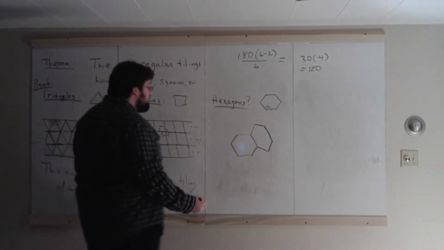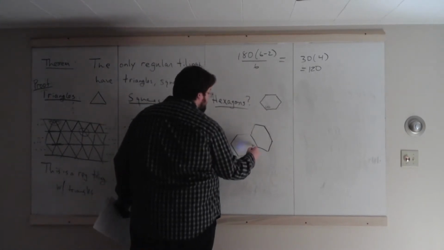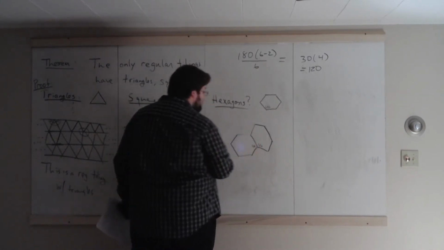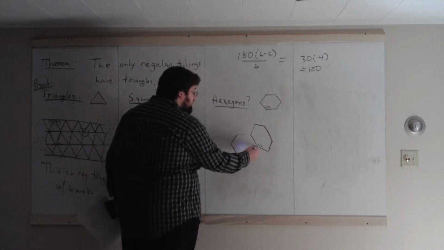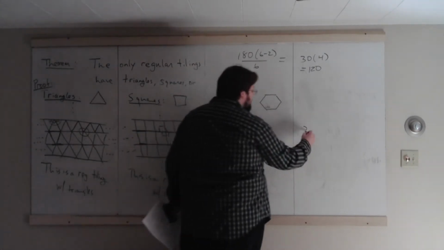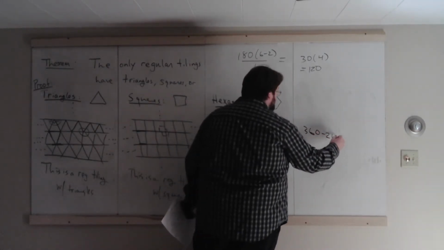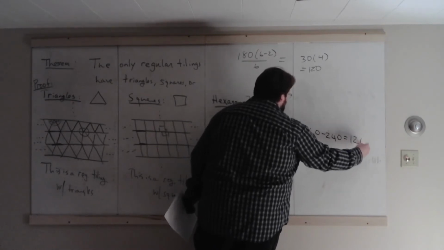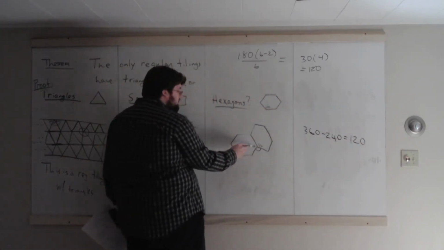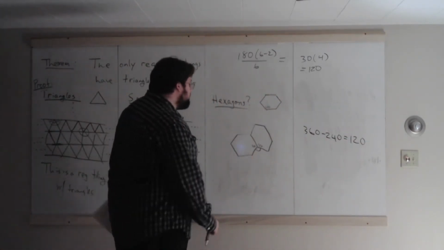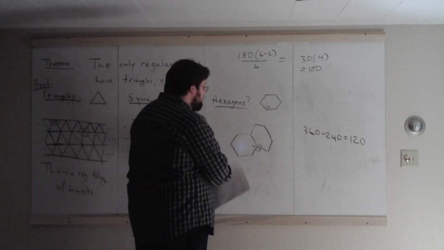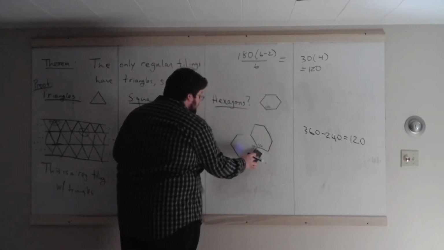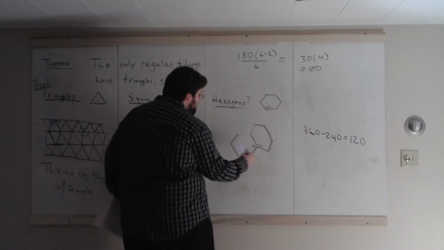Well, what happens here? We have 120, we have 120. So what is this angle down here? Well, that angle is 360 minus 240, because 120 plus 120 is 240. So this angle down here is 120. Well, that's perfect. We can fit another hexagon in there.